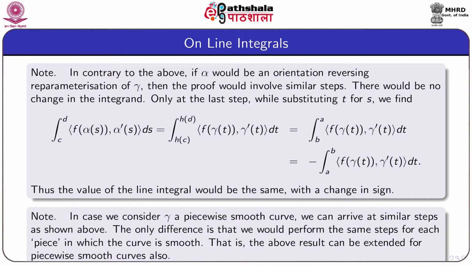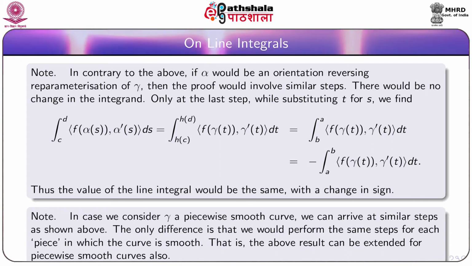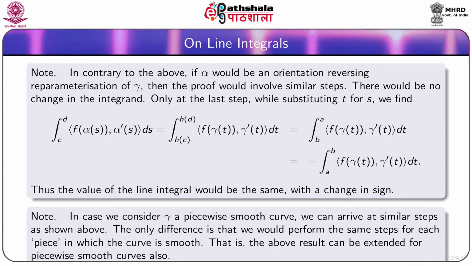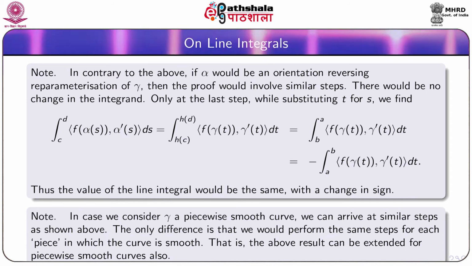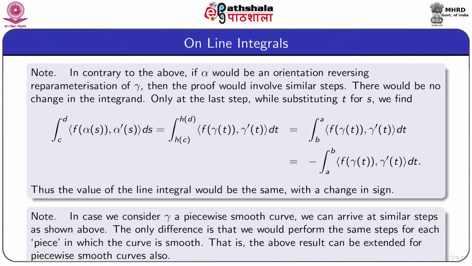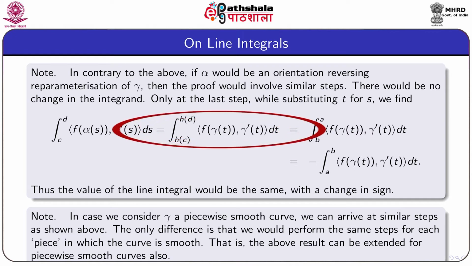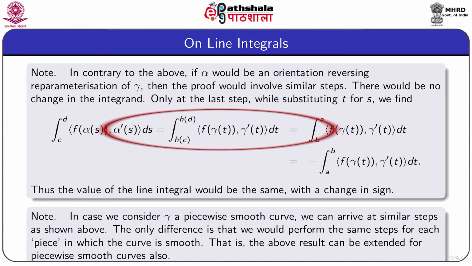In contrary to the above, if alpha would be an orientation reversing reparameterization of gamma, then the proof would involve similar steps. There would be no change in the integrand, only at the last step. While we are substituting t for s, we find integral c to d inner product F(alpha(s)), alpha dash(s) ds equals integral c to d inner product F(gamma(t)), gamma dash(t) dt.